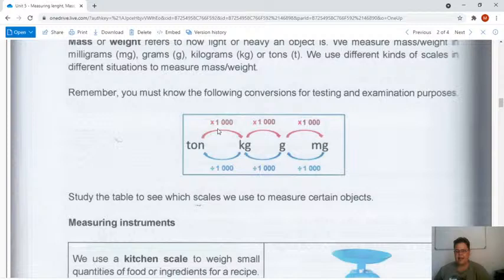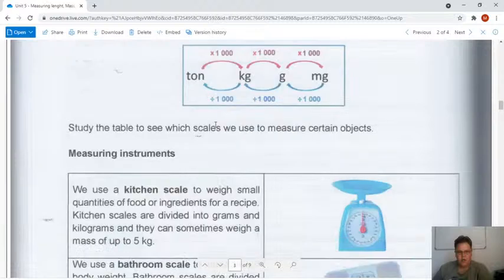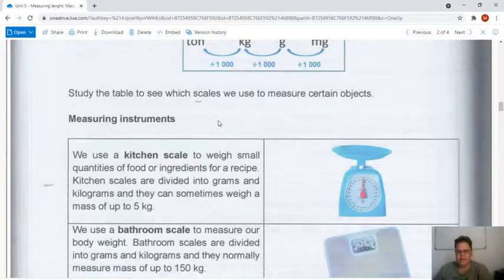When we get further in the lesson, you will notice that it is 10, 100, 1,000. Do not get confused. Mass and weight is converted by thousands. I will give you some time in a minute to draw the tables so that you have that in your book for studying purposes.